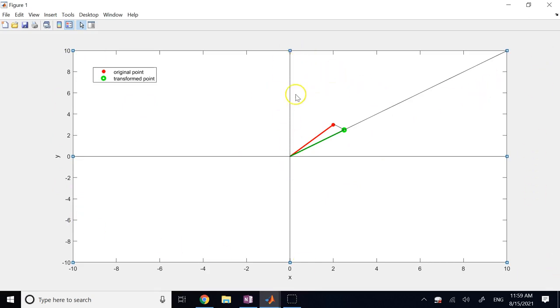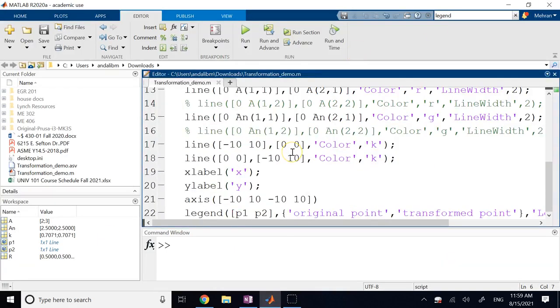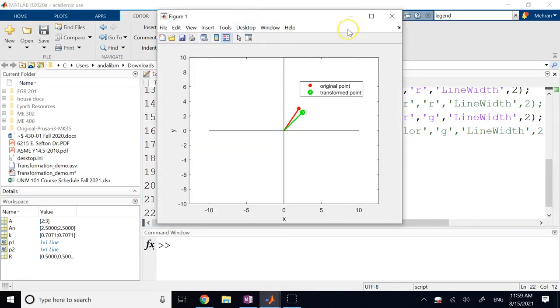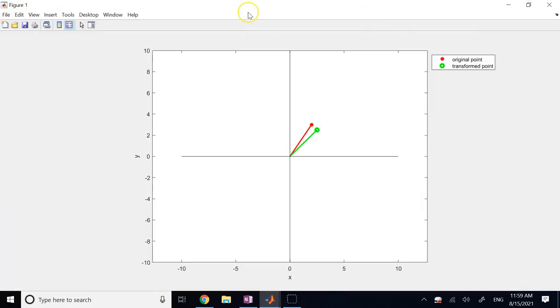Right now what I have is the axes are, if you look at the number of pixels allowed for y-axis versus x-axis, my axes are not equal. So let's see if I can apply the command axes equal. It helps. Okay, this is a lot better.